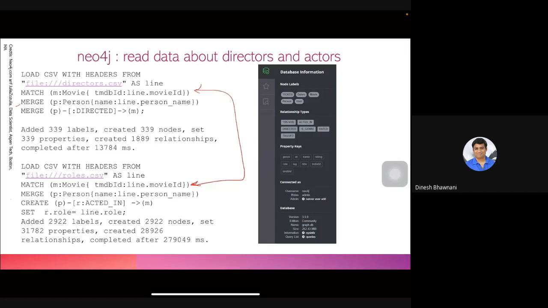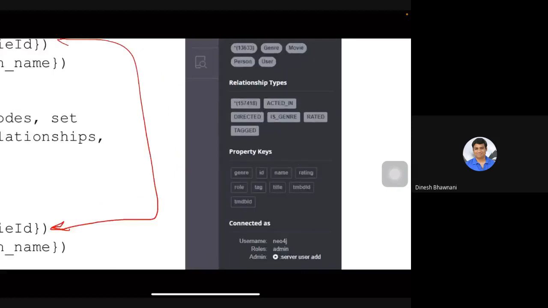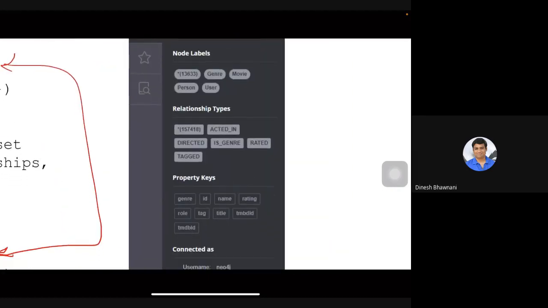And here what you are saying is you are going to create using the create function, acted in, so p acted in. Then you are going to set what the role was, inside this, r.role. So you're adding role information also, updating role information also. So this is how it looked for this implementation.